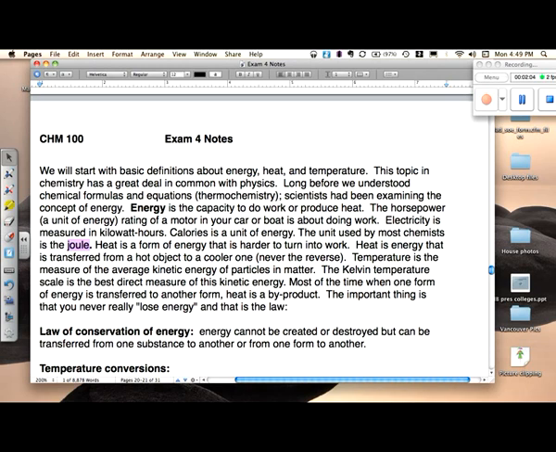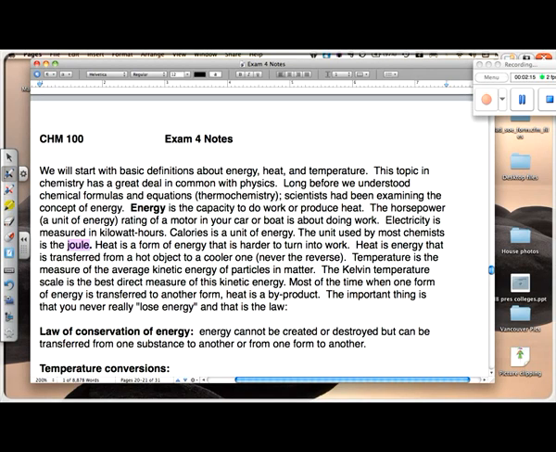Now, what I usually do with students to illustrate the difference between temperature and energy is I have a beaker of boiling water going in the lab or the classroom, and I ask for a student volunteer to have some of that boiling water, out of a dropper, dropped onto the student's hand.